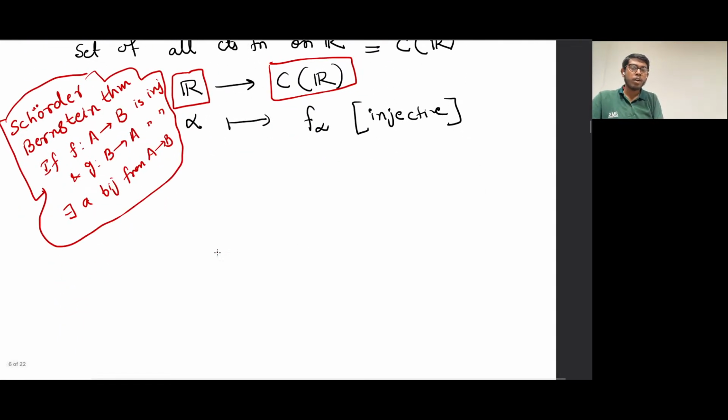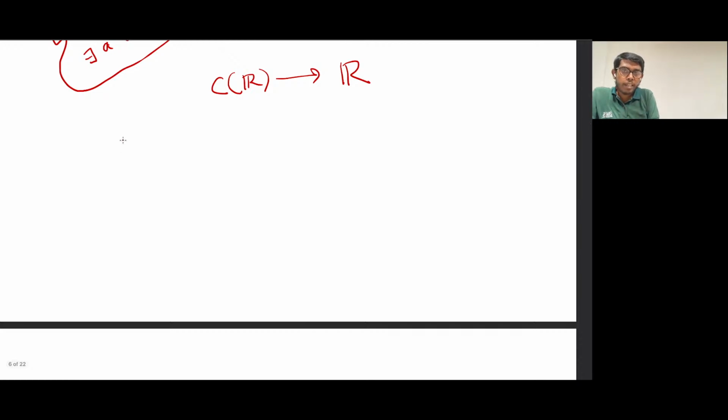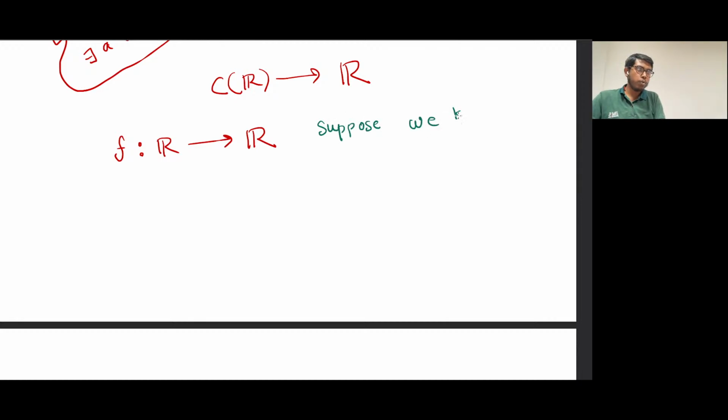But instead of CR to R, we'll find CR to R to some power. So let's see what that power is. If you have any continuous function from R to R, and suppose we know f restricted to Q, the set of rationals.